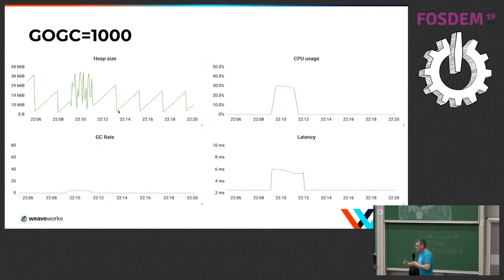So when it garbage collected, in this example, it collected all the way down to about 4 megabytes. Times 1,000% is 40 megabytes. So that's where it gets up to, about here somewhere is 40 megabytes, right? Yeah, so it's a percentage relative to the minimum size.